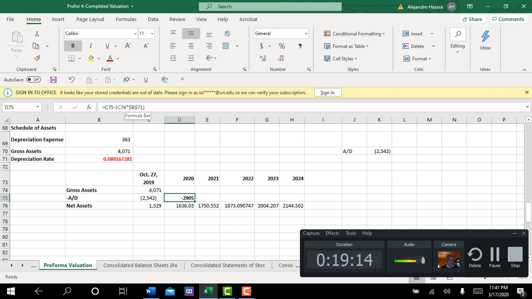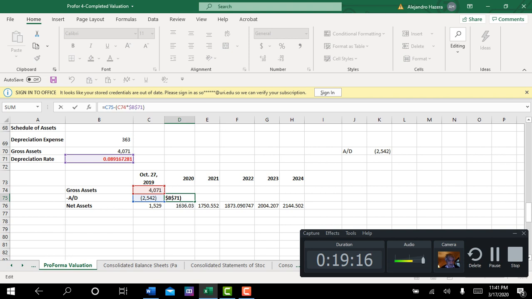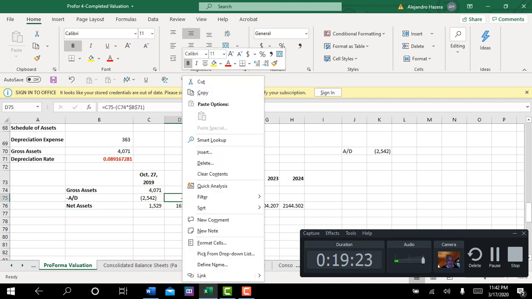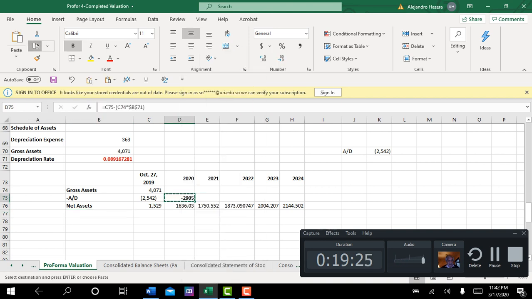And then these are not necessarily going to be correct initially, but I'm going to go ahead and copy this out here.